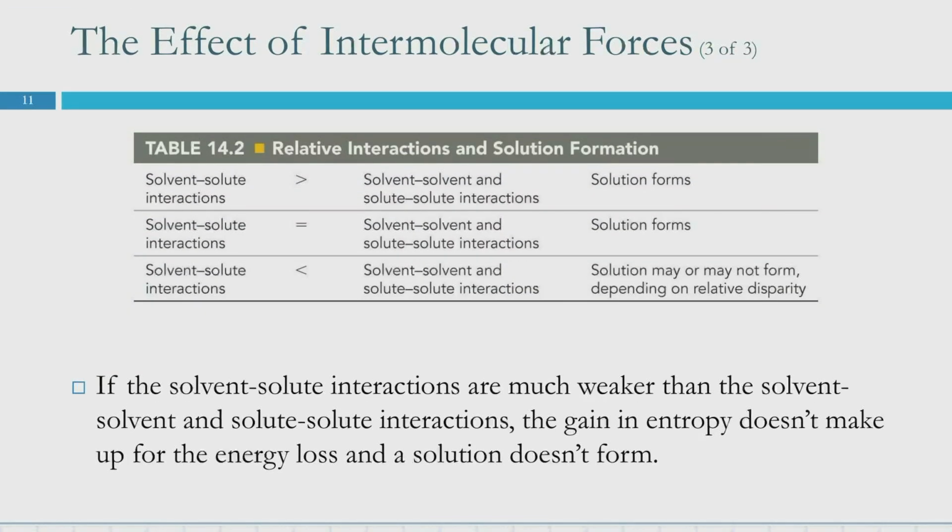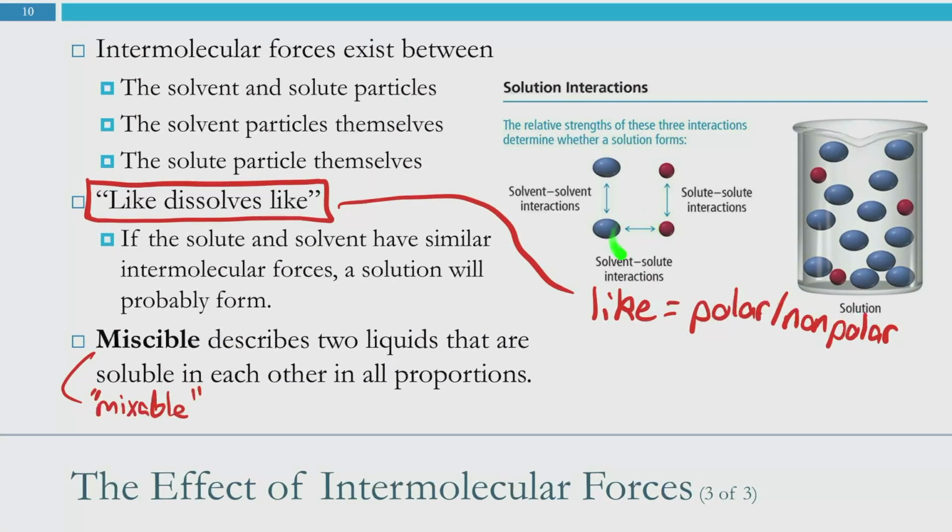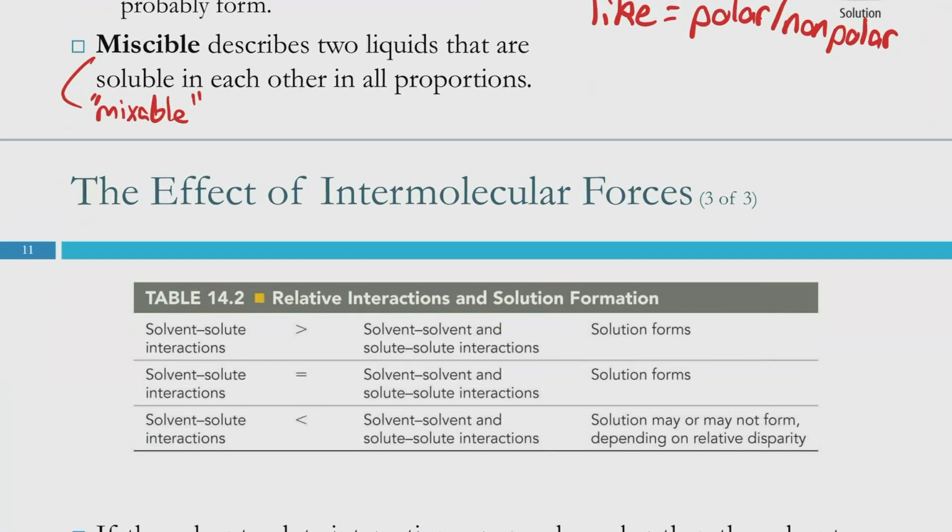Here's a table describing the different conditions that you can have if your solvent-solute interactions are greater than the solvent-solvent and solute-solute interactions. So if this between-the-two-groups force is bigger than the forces within the groups, they're probably going to mix. If they're equal, also probably going to mix. Things want to spread out, so they'll probably mix up.